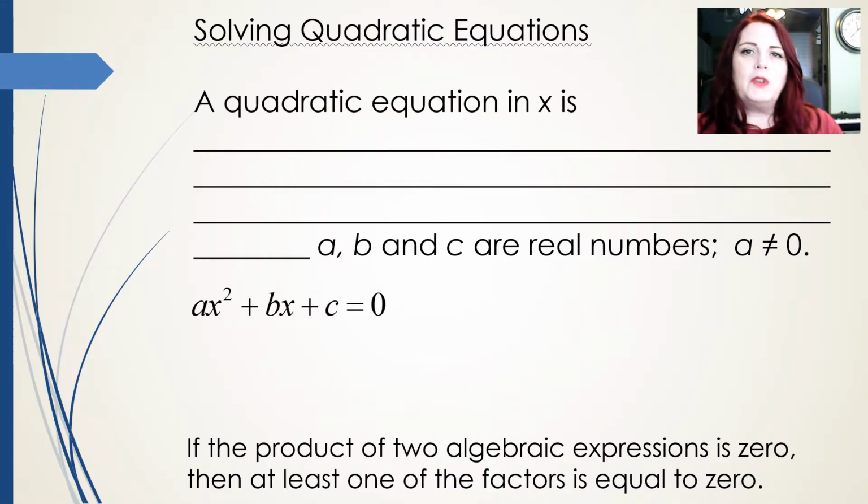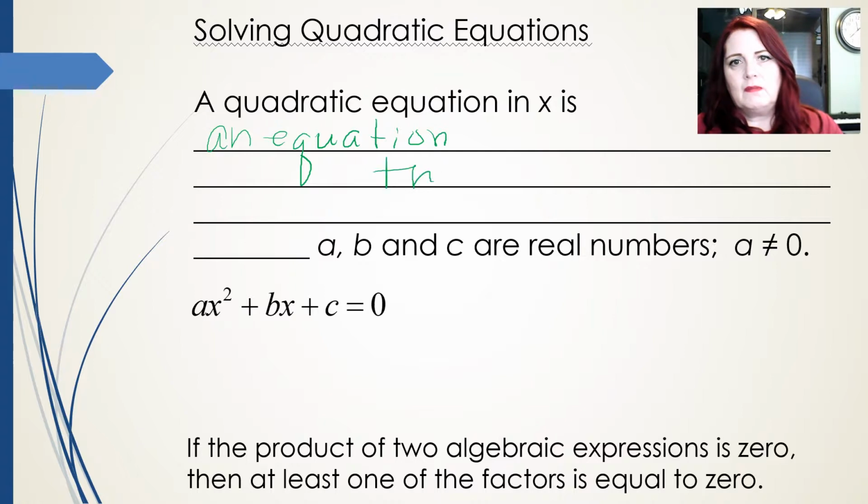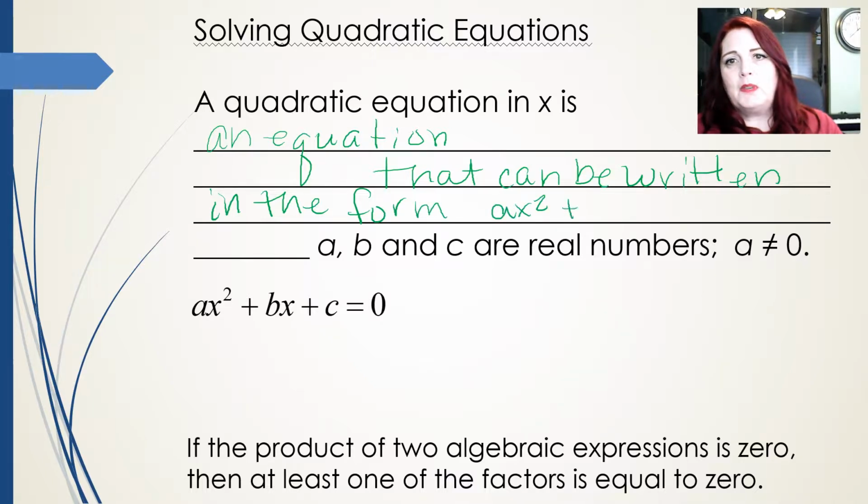Now a quadratic equation in x is an equation that can be written in a particular form, in the form ax squared plus bx plus c is equal to 0.